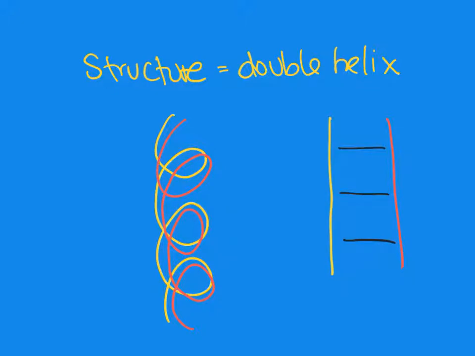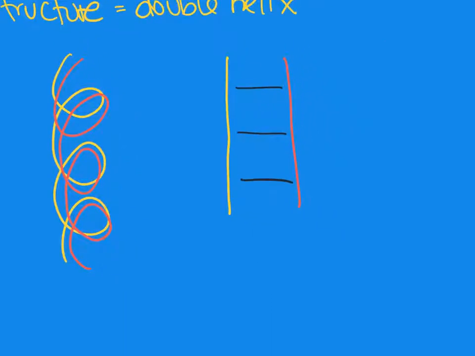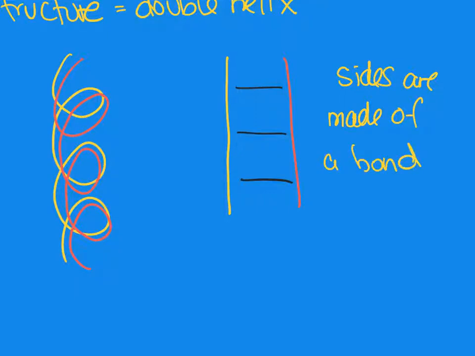The sides of it, if you were to look at it like a ladder, the sides of the double helix are made of a bond. Do you remember what we called it? Probably not. It's called phosphodiester.